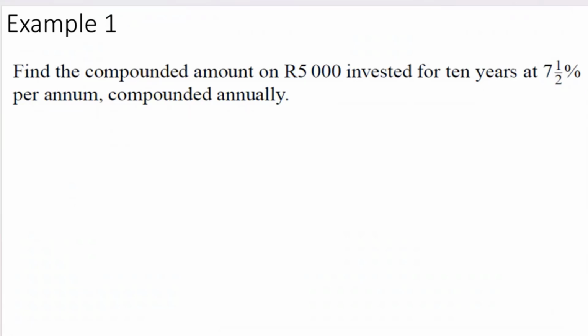Okay, so here you are asked to find the compounded amount. The compounded amount, remember, is another synonym for your S, that means your future value. On this amount, this is your present value that is invested for 10 years. Your T is equal to 10, and then your rate is 7.5 per annum, compounded annually.